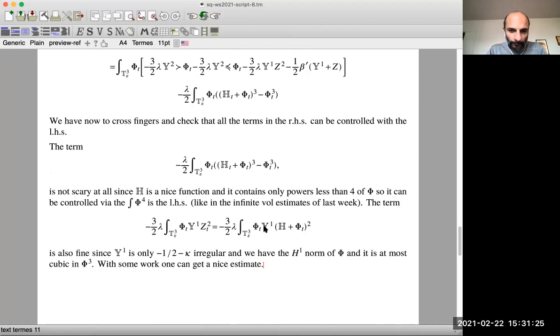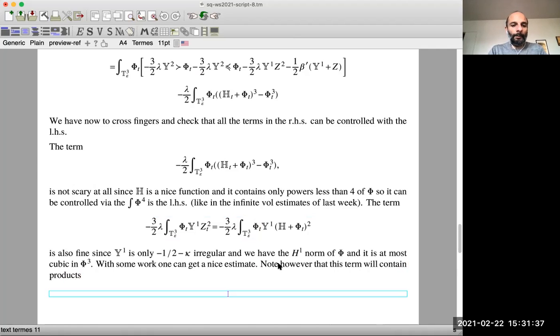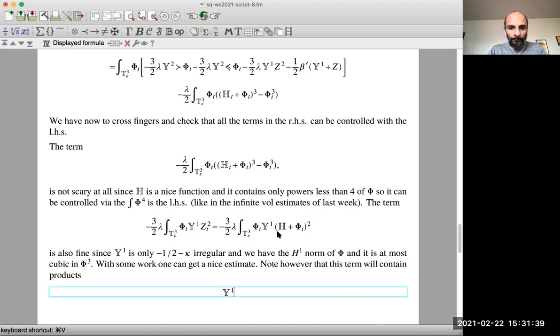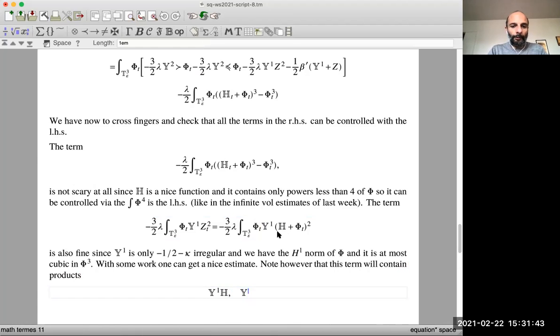Now it's a bit tricky because note, however, that this term will contain products. Let me remark this. There will be some strange product like this, and then there will be the product like this times h square.